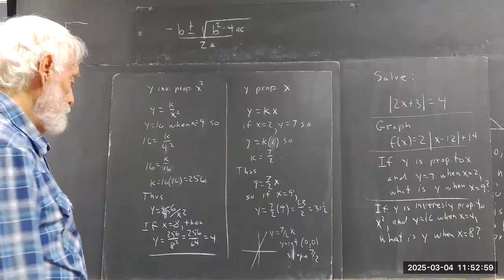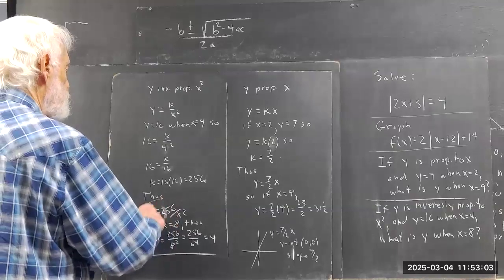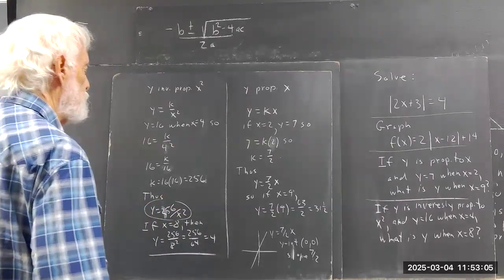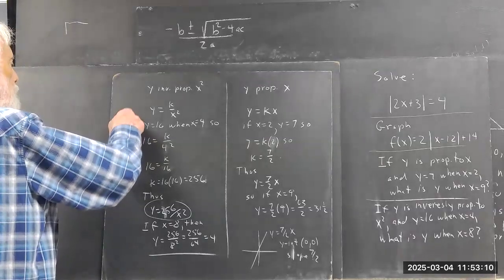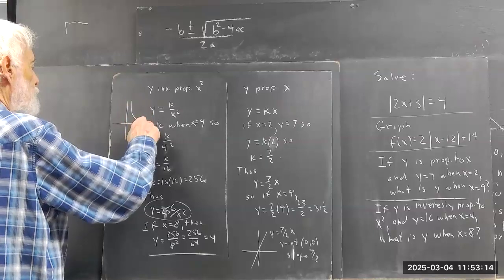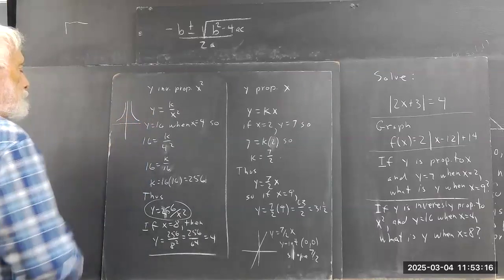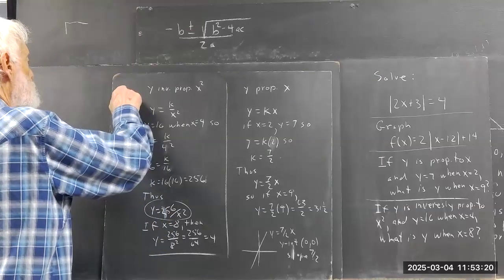Now, what's this? y equals 256 over x squared. Well, that's a little more complicated. You know about the reciprocal squaring function, which has a graph that looks like this. That's reciprocal square.